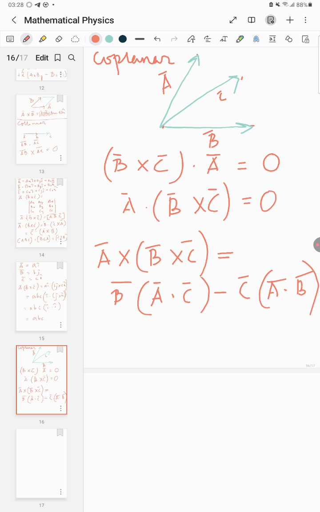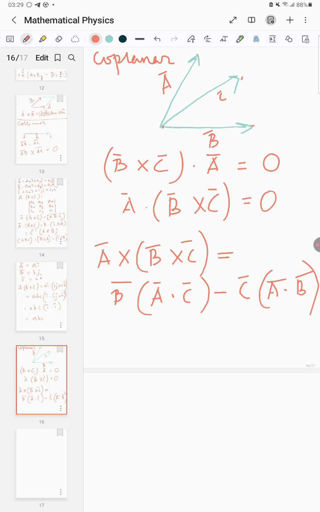And A cross (B cross C) means a vector which is perpendicular to both A and B cross C. So it is basically giving us a vector which is perpendicular to both A and the resultant of B cross C. So it is not representing any volume as such, but it is just giving us a vector.